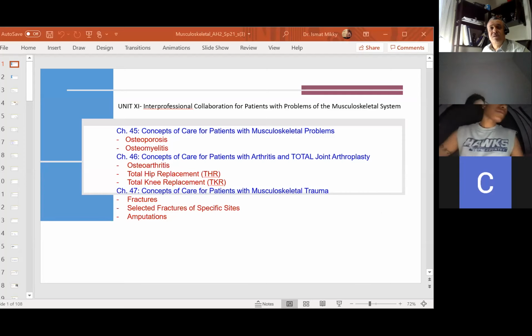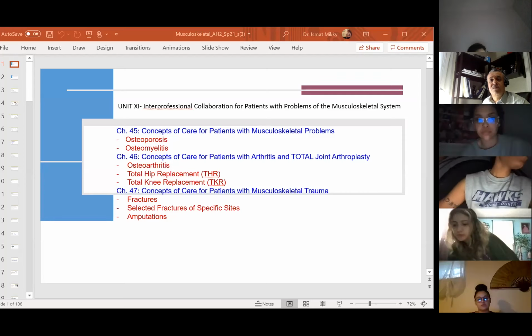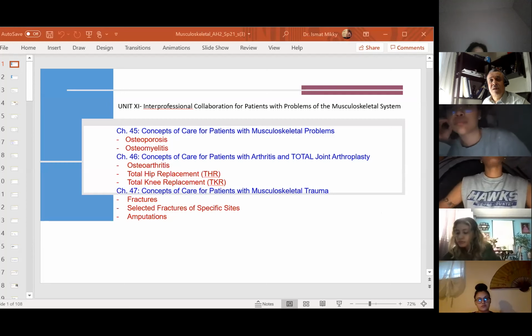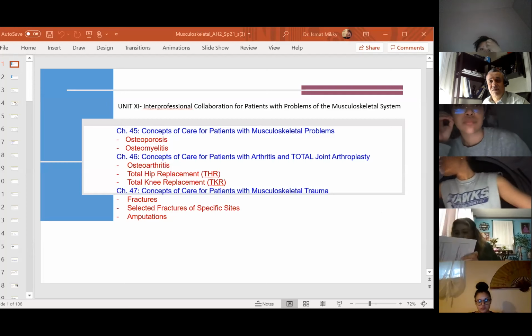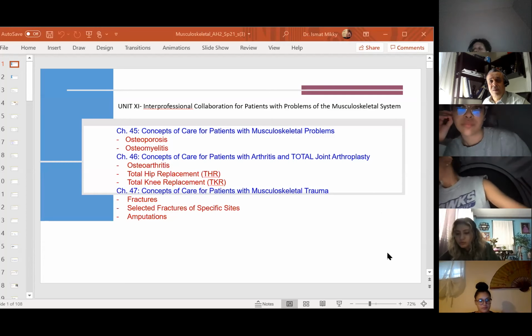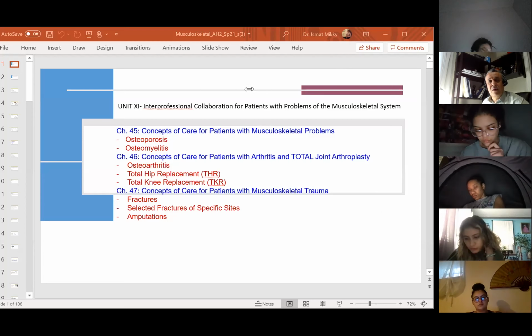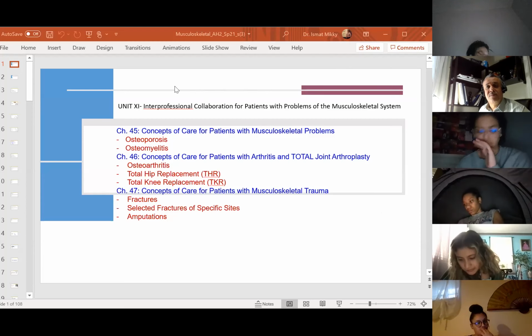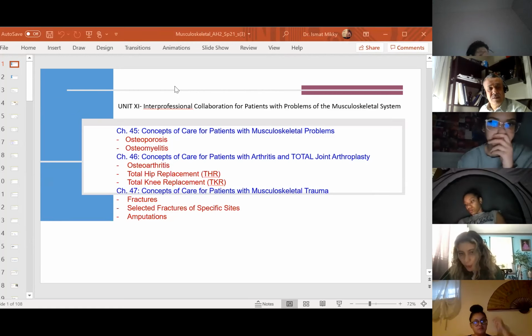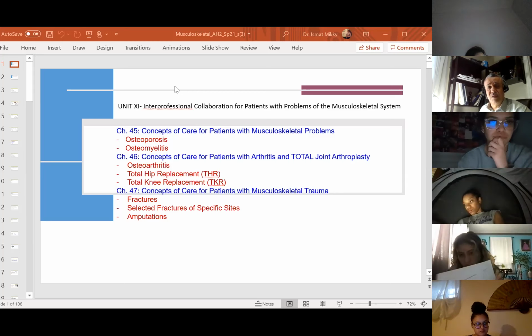Good morning, everyone. Today we are going to continue the content on the musculoskeletal system and the orthopedic conditions, especially the total hip and total knee replacement, and the fractures and all the management associated with different types of fractures.